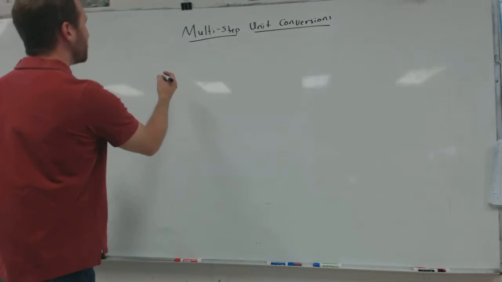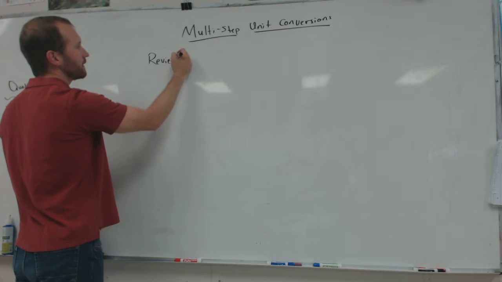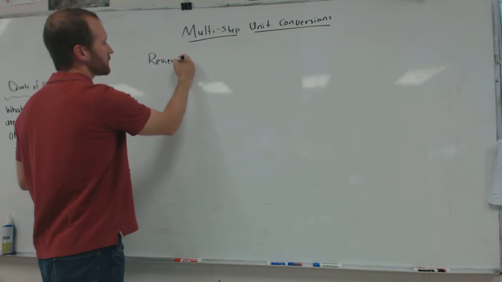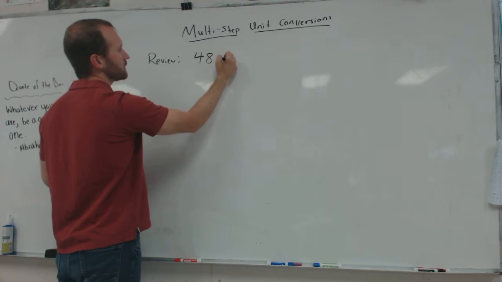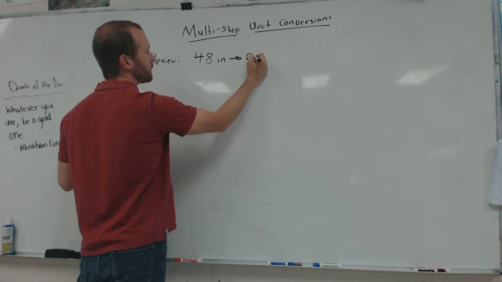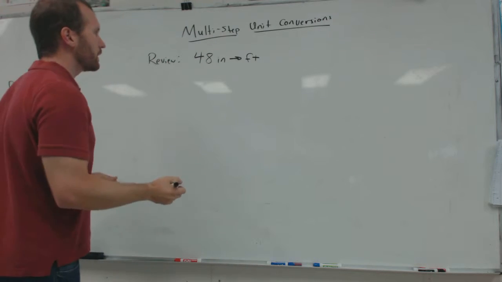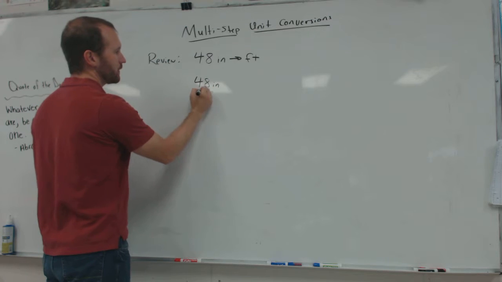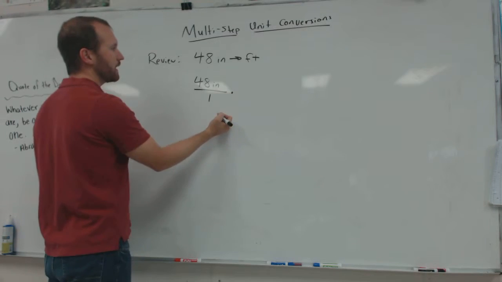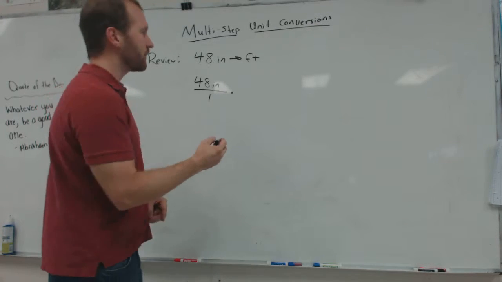So we're going to do a quick review. Multi-step unit conversions is the same thing as single-step unit conversion. So if I had something like 48 inches, convert that to feet, we would say 48 inches over 1 times, and I'm thinking of 12 inches equals 1 foot.